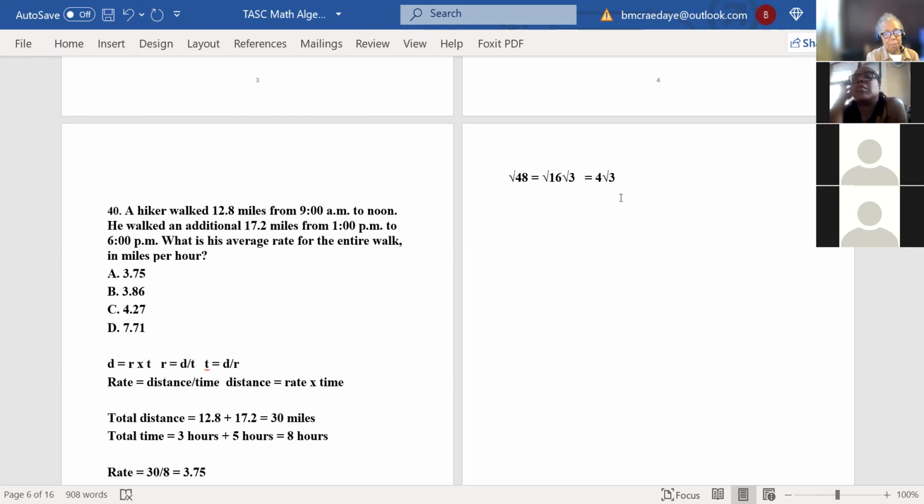What are some numbers that have perfect square roots, Maureen? Give me a number that has a perfect square root. 9 has a perfect square root. That's right. The square root of 9 is equal to 3.